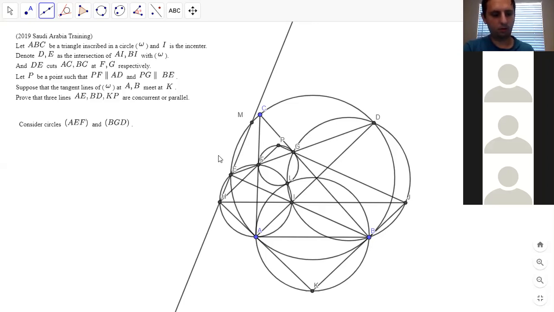We also have that HAD is equal to HAI, which is equal to MEB. So MEB equals DBA, so MD is parallel to AB.